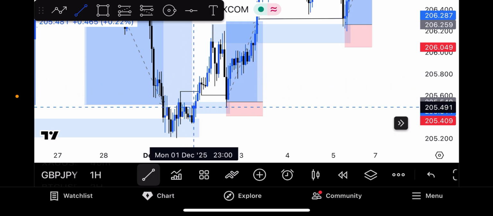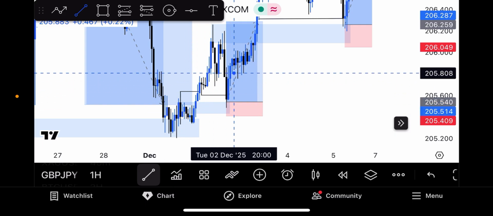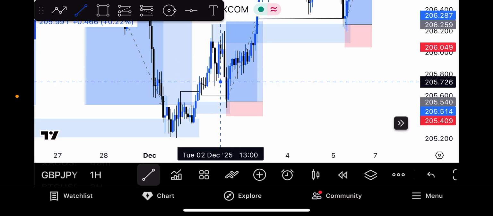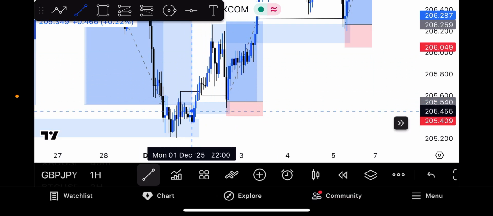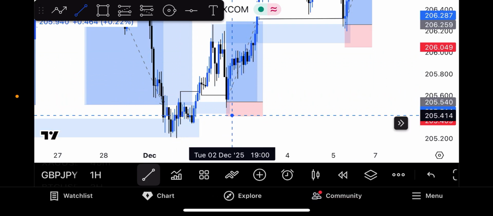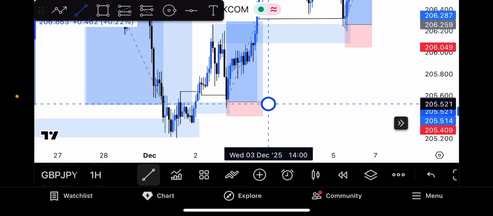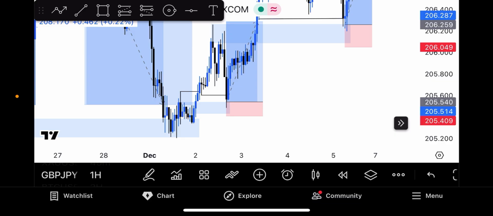So an MSS has already occurred at this place. I did not open my chart when price was at this level, and I already saw an MSS and inducement, and it triggered the point of interest. I will now be focused more on break of structure.